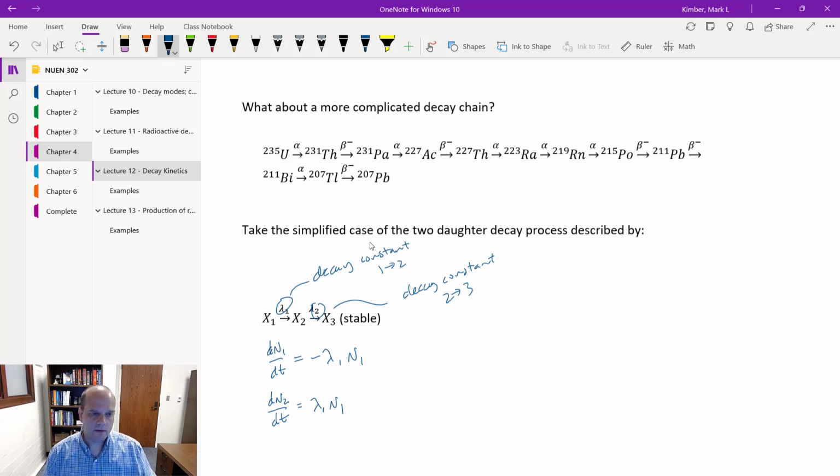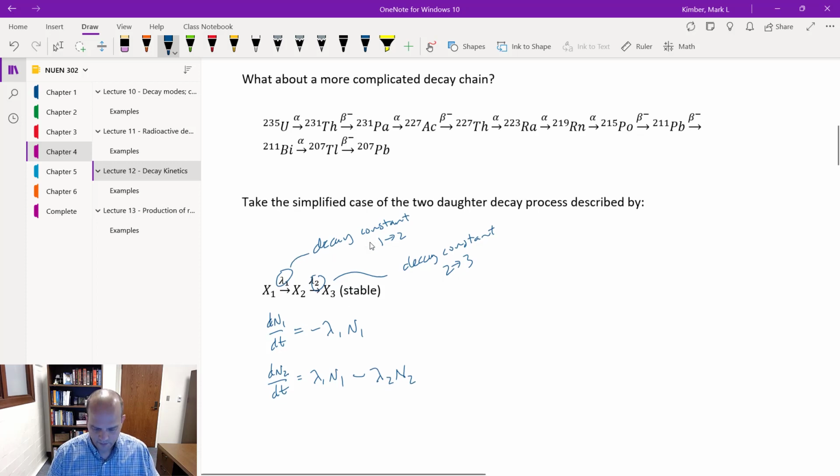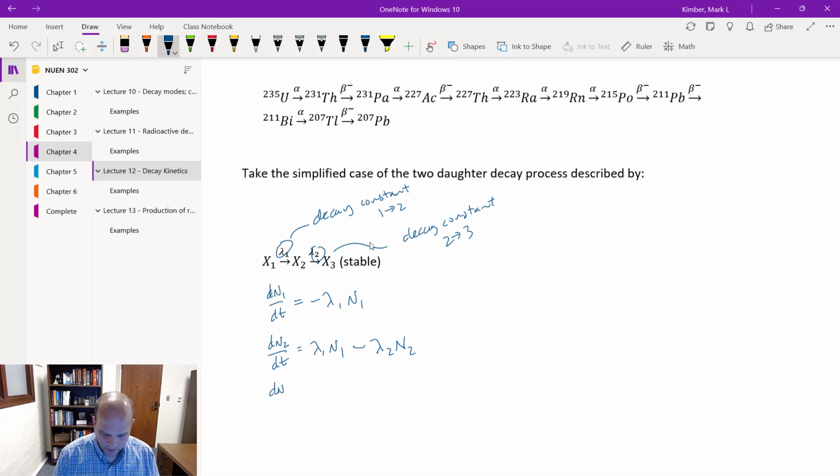I lose it from the parent, gain it to the daughter, but this also decays, and that's going to be related to N2. And then my third one, which is a stable one, is just going to be whatever is being lost from isotope number 2, that is what's being gained by isotope number 3. So this is just lambda 2 N2.